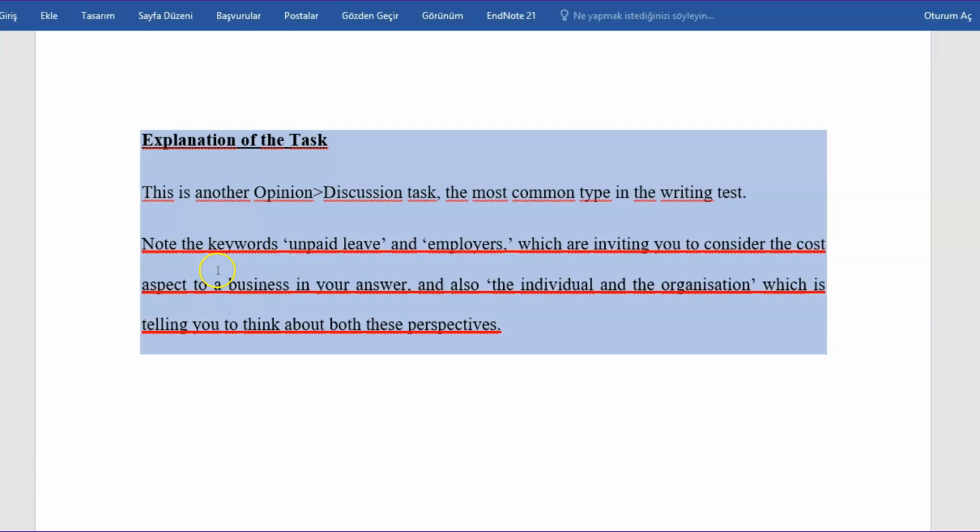Please pay attention to the keywords unpaid leave and employers here, which are inviting you to consider the cost aspect to a business in your answer, and also the individual and the organization, which is telling you to think about both these perspectives.